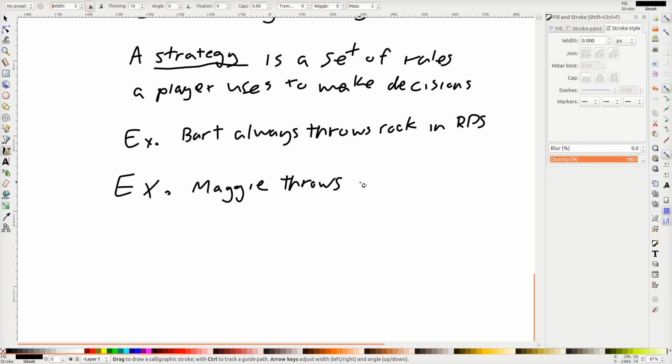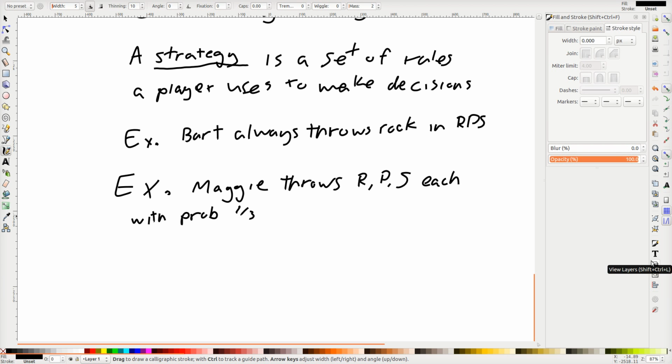So Maggie throws rock, paper, and scissors, each with probability 1/3.